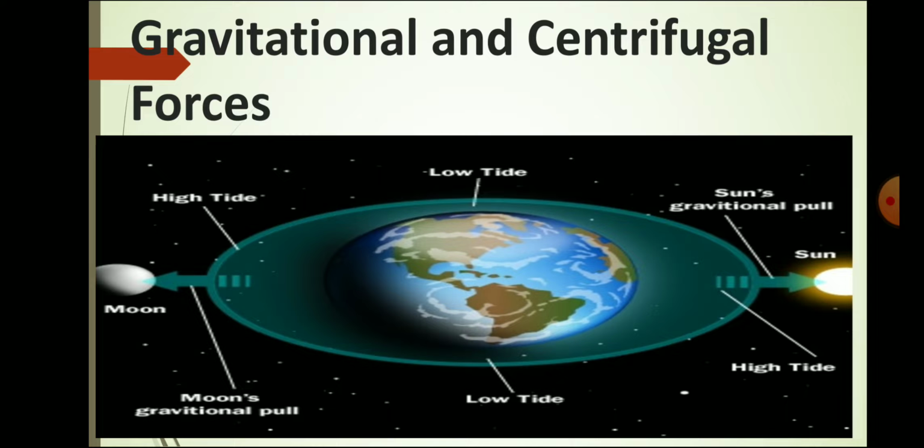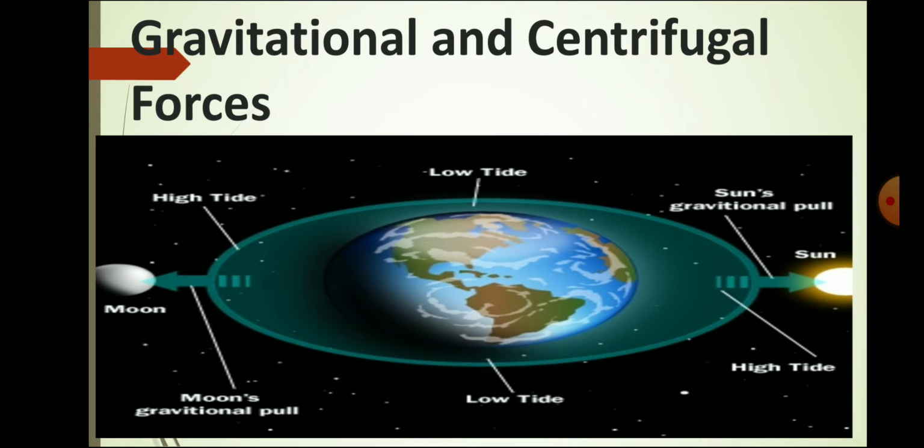When the Sun, Earth and the Moon are in one single line at 180 degrees, the Sun's gravitational pull as well as the Moon's gravitational pull work, and because of that the water level rises towards the Sun's direction as well as towards the Moon's direction.